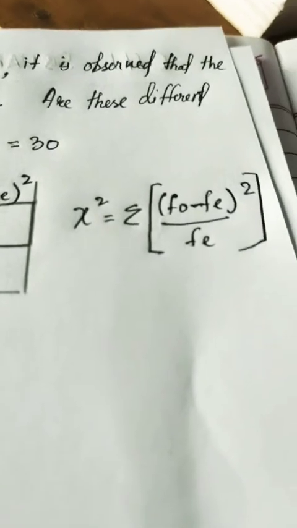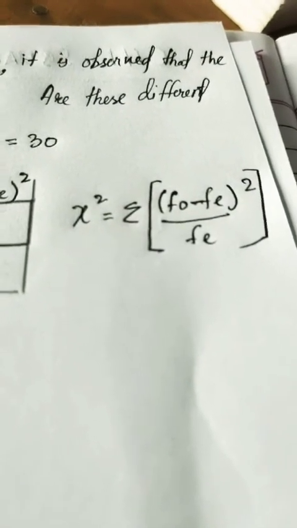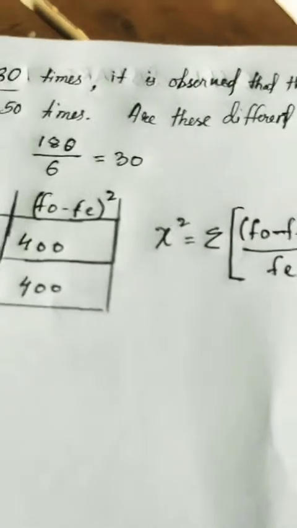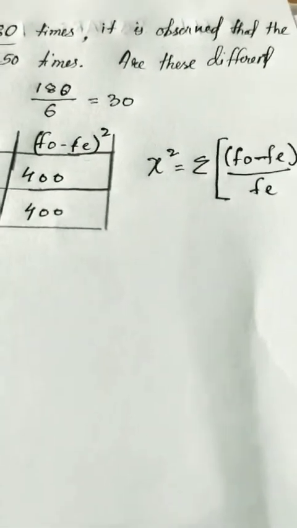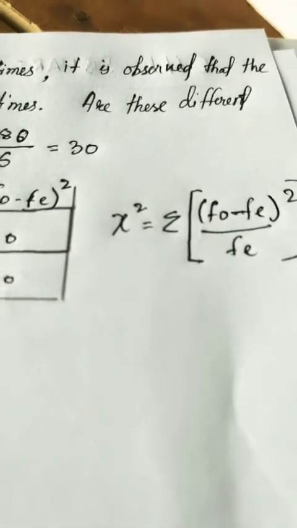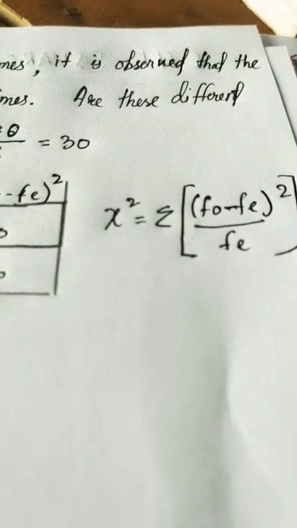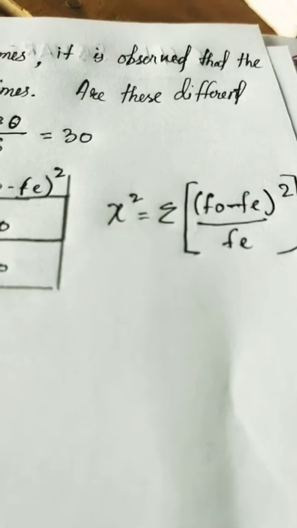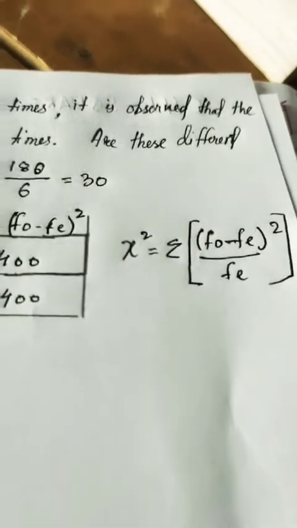FO is the observed frequency, which is what we get when we actually do the experiment, and FE is the expected frequency, the theorized portion, what you theorize would be the outcome.